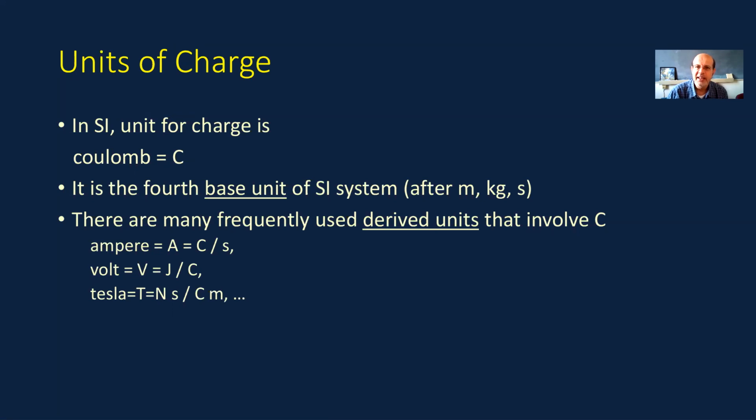Usually we don't immediately understand their expression in terms of this Coulomb unit, unfortunately. That's the difficulty with these units. There are so many units that you have been using frequently, but you don't clearly see the connection with this base unit. The Tesla, for example, nobody can remember that unit, Newton second per Coulomb meter. This is quite difficult, but that's one of the difficulties that you're going to face sometimes when you're canceling units.